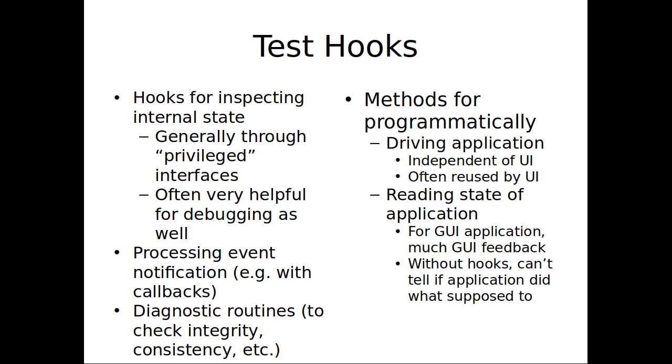So here are some ideas for test hooks. Inspecting internal state. Is this data structure, is this element of state structured properly? Does it match its invariants? These are things it's supposed to guarantee, like that it has no duplicate keys in it, or that it's sorted in a certain way, or what have you.